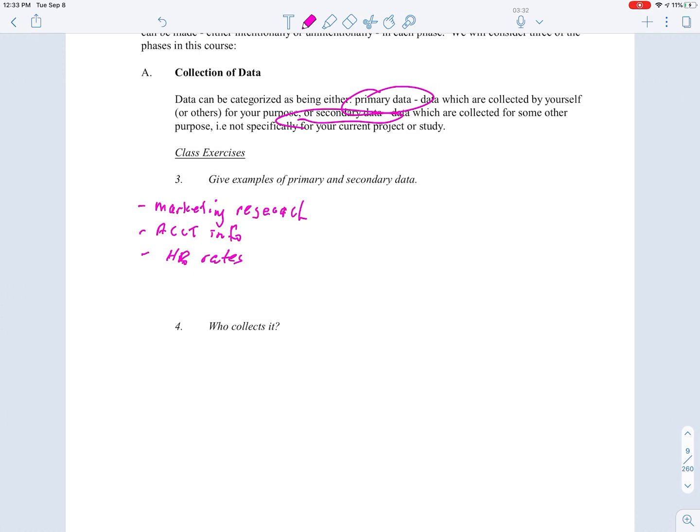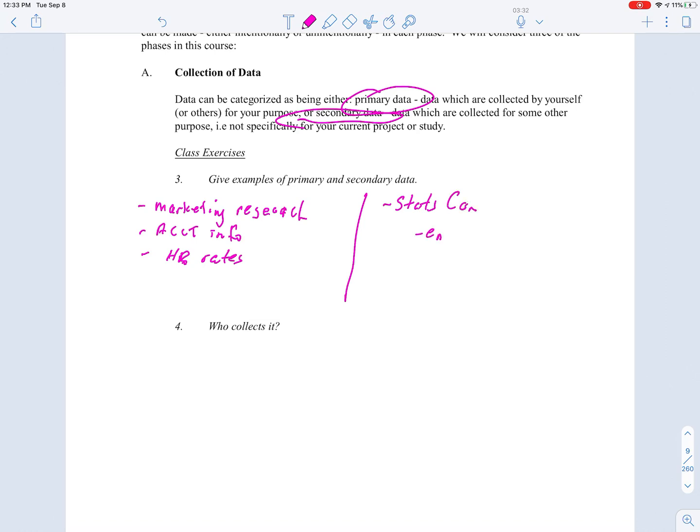If you go on to 307, you'll be engaged in primary research, where you'll be working with a company or an organization. Let's say it's a restaurant and you want to do a customer satisfaction survey. Then that's collecting primary data for them. Secondary data is things put out by, say, Stats Can.